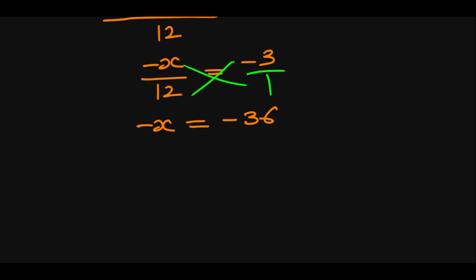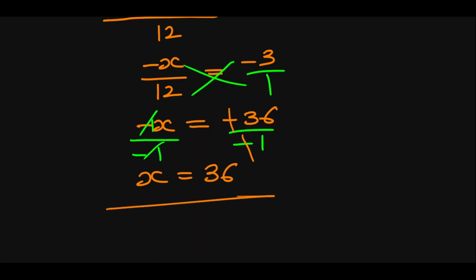Minus x is the same thing as minus 1x. So if you want to take away the minus 1, we just divide both sides by minus 1. Minus 1 cancels minus 1, and the minus here will cancel the minus here to just give us x is equal to 36. And that is the answer.